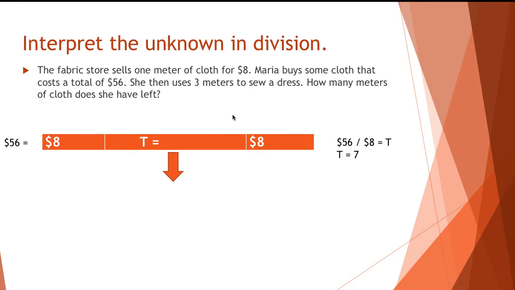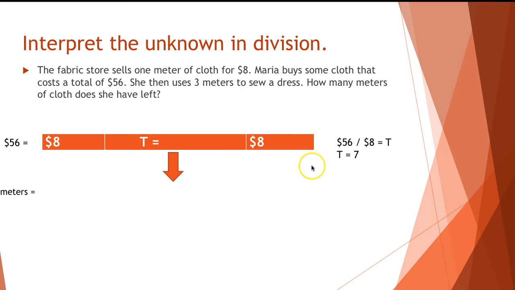Let's figure that out. Well, we know that $56 divided by 8 equals what? 7. So we know that she bought 7 meters of fabric from the store because she paid a total of $56 and 1 meter cost $8.